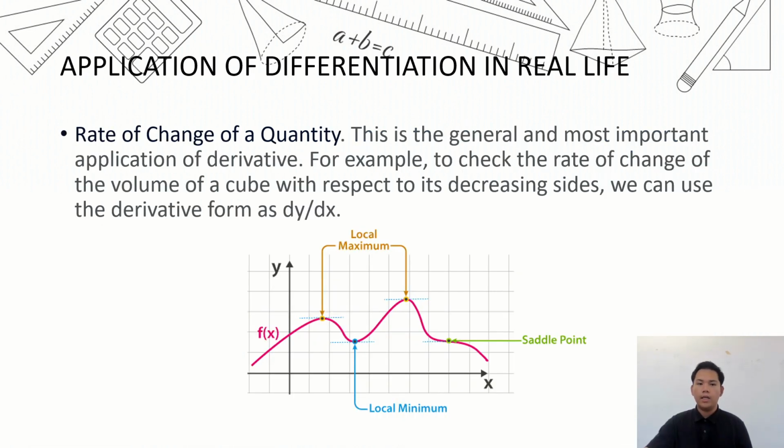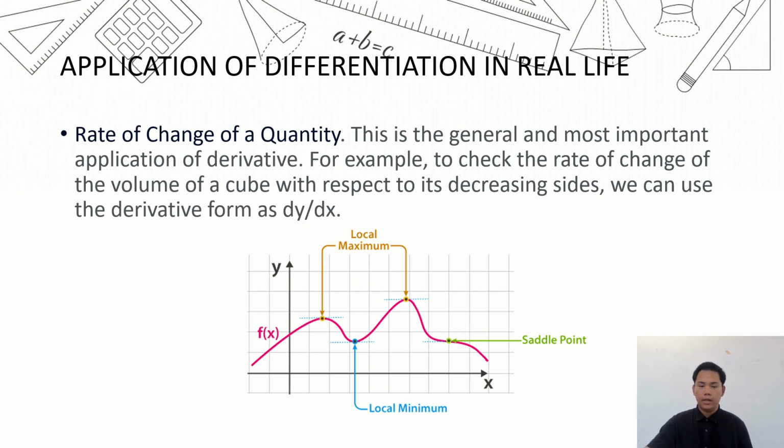The next one is application of differentiation in real life. Rate of change of a quantity. This is the general and most important application of derivative. For example, to check the rate of change of the volume of a cube with respect to its decreasing size, we can use the derivative form as dy per dx.